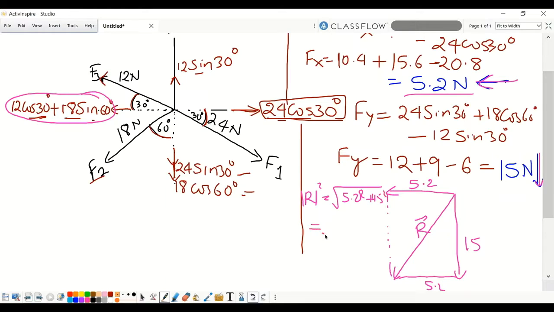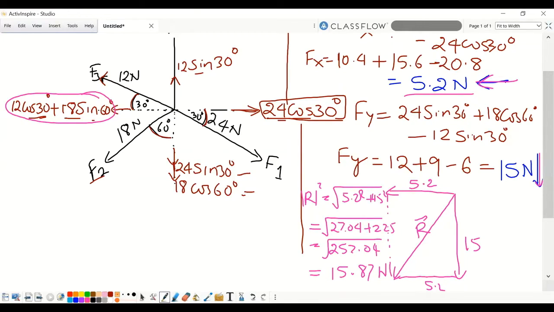This comes out to be 27.04 plus 225, which is 252.04. The square root of that comes to 15.87 newtons. They asked only the magnitude in the question.